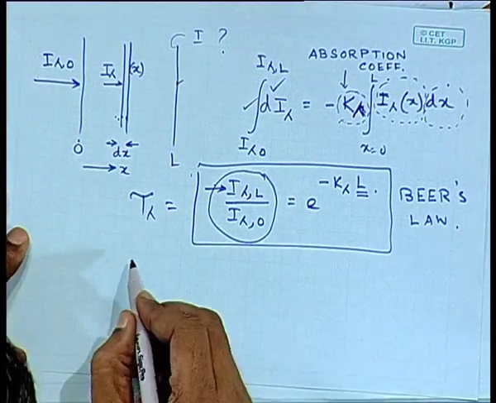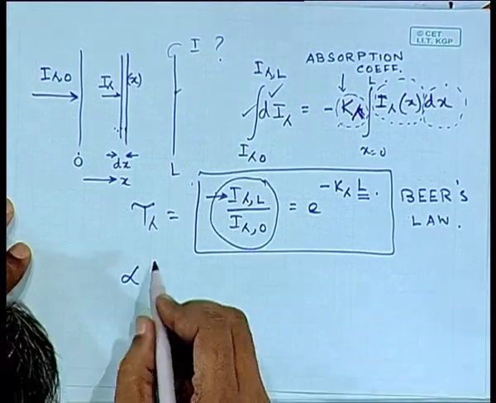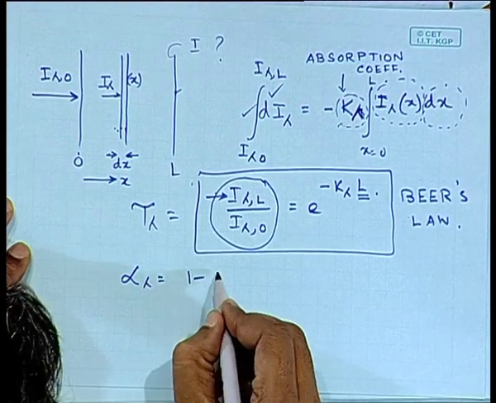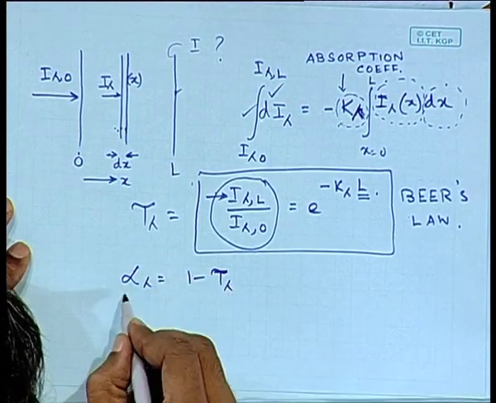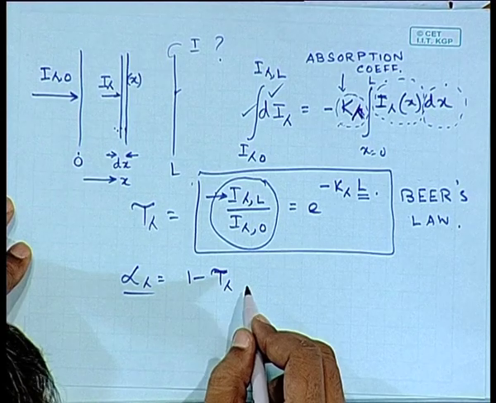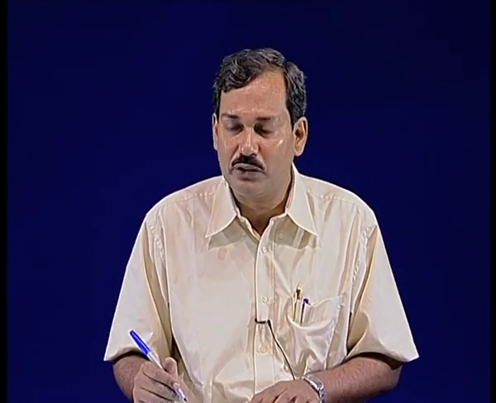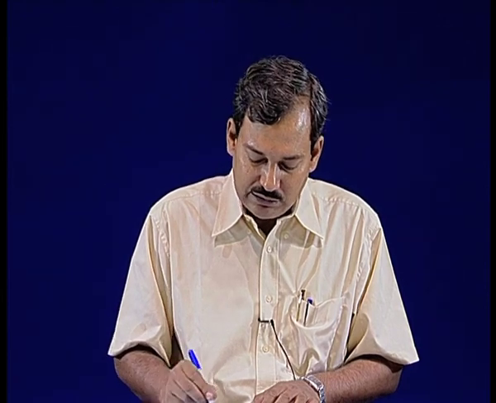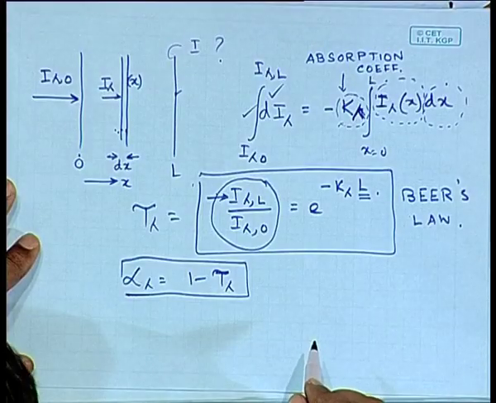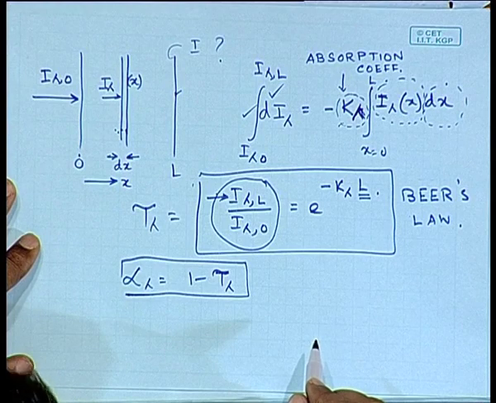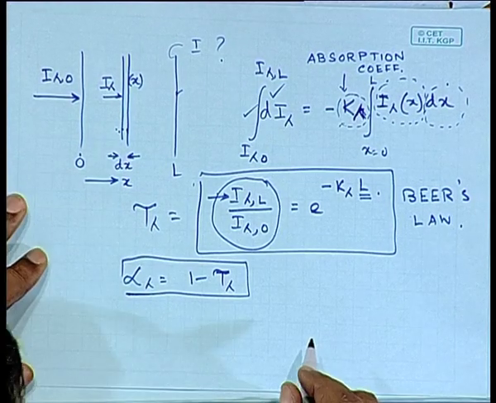Now once you know transmittivity, I can simply say, and this is again an assumption, that my absorptivity is going to be 1 minus tau lambda, if I assume that the reflective component of the radiation from a gas is extremely small, which is a valid approximation. So this simply follows from our relation that alpha plus tau plus rho would be equal to 1.